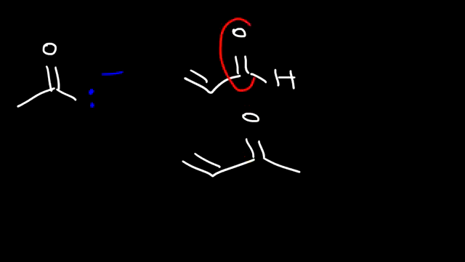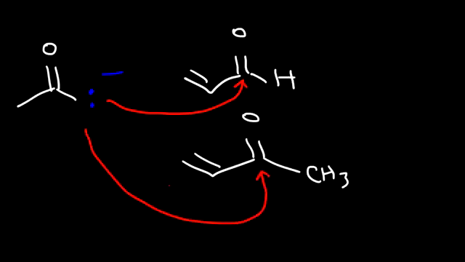This is because the carbonyl group of an aldehyde is more accessible than the carbonyl group of a ketone. The CH3 provides some steric hindrance to this carbonyl group. At the same time, it's an electron donating group, so it makes this carbonyl group less electrophilic. And so it's easier for the enolate ion to attack the carbonyl carbon of an aldehyde, but it's more difficult to attack the carbonyl carbon of a ketone.